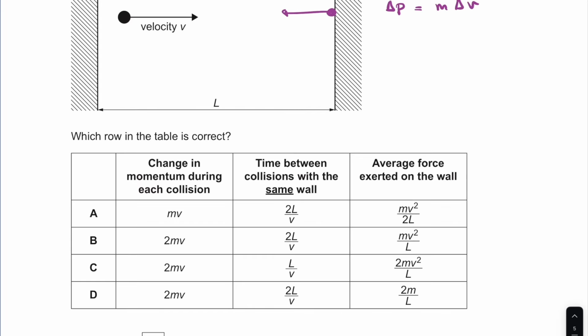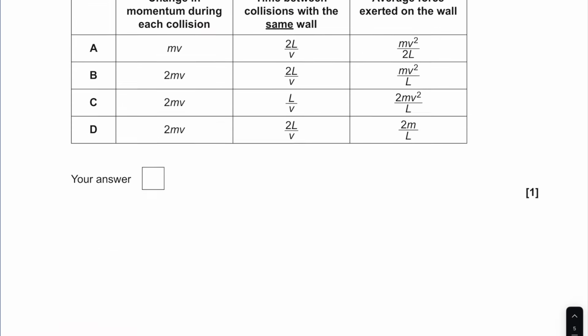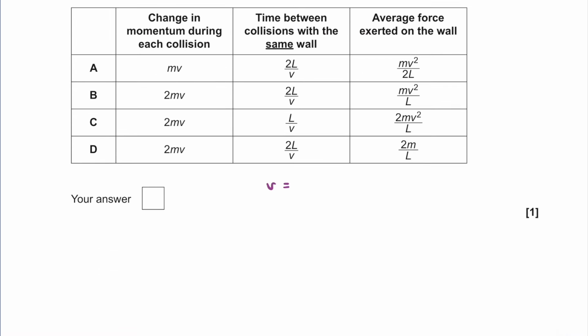And then for the time between collisions, it's going L meters forward and back the same amount. So the total distance traveled, if v is equal to distance divided by time, is 2L over T. Therefore, T is 2L over v, so that gives me either B or D.